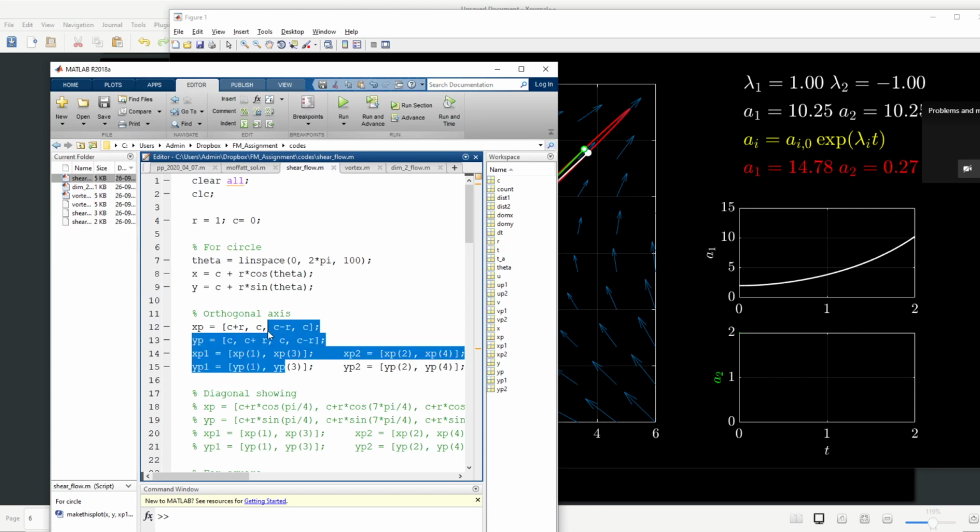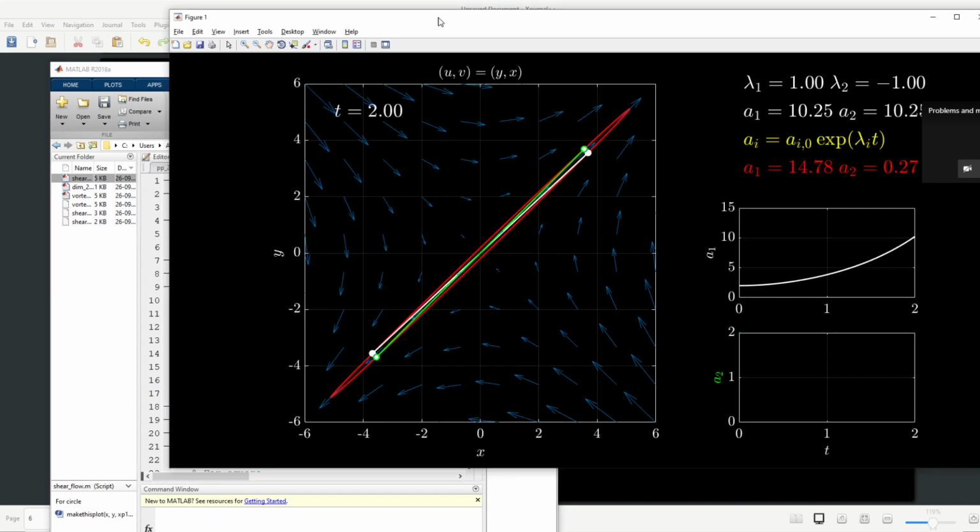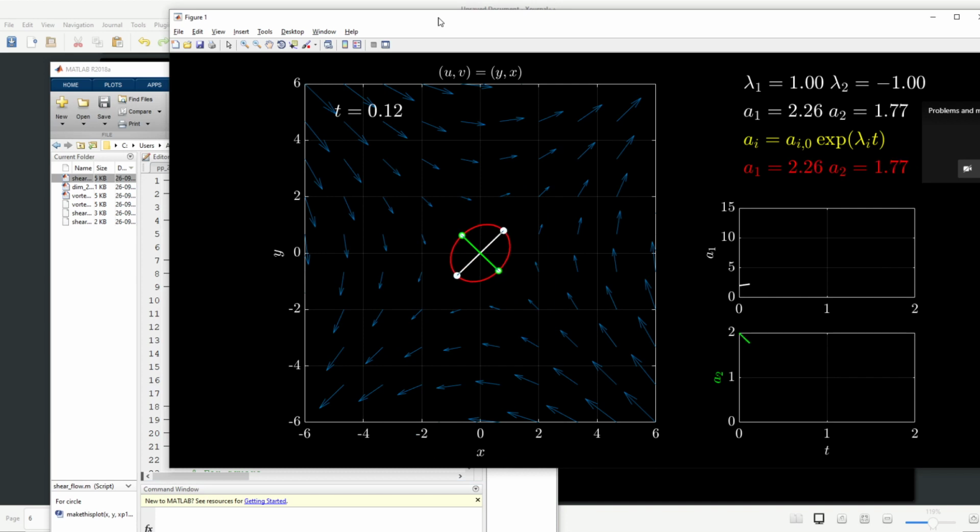So let us see that happening. Okay, look at the lines. They are just compressing, they are not rotating. Is it clear?